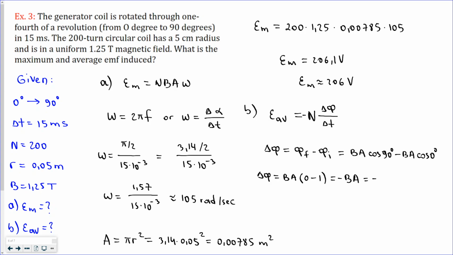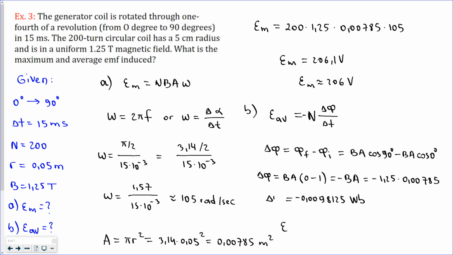Now let's put in the numbers: 1.25 Tesla, the area is 0.0785. So the change in flux is 0.098125 Webers.